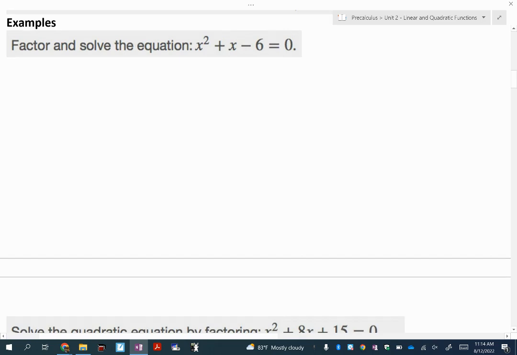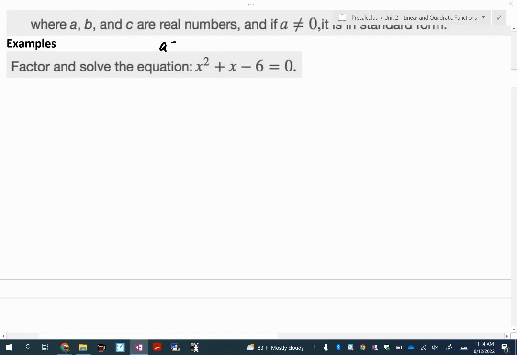Now, on this one, we have a equals 1, b equals 1, and c equals -6. This is standard form. Because a is 1, I'm going to do the most basic factoring you would have learned in probably 9th grade. I'm going to write my two sets of parentheses, with x times x giving me x squared.